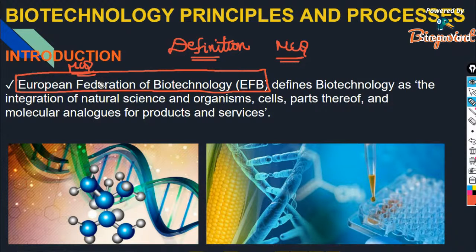This is exactly how we defined biotechnology in slide number 1: the technique of using live organisms or their enzymes for products and processes that are useful to human beings.